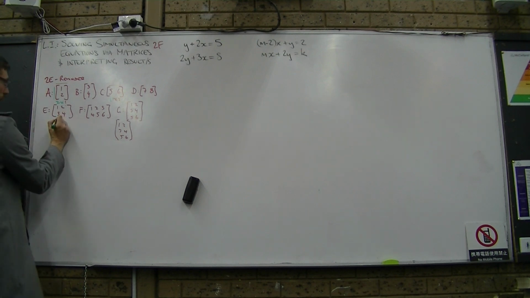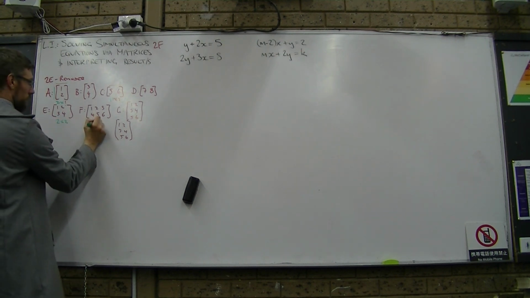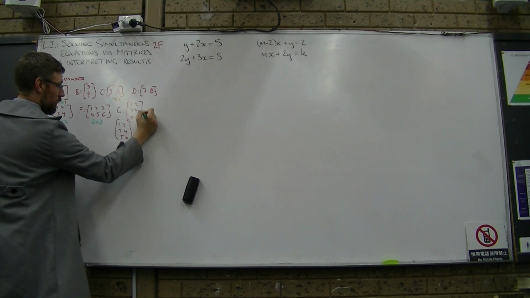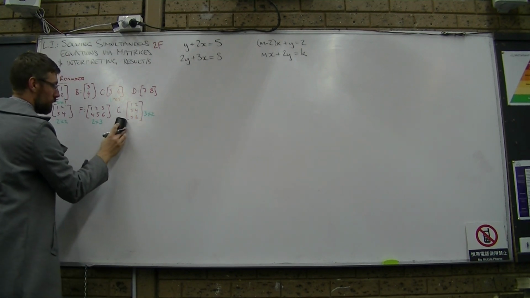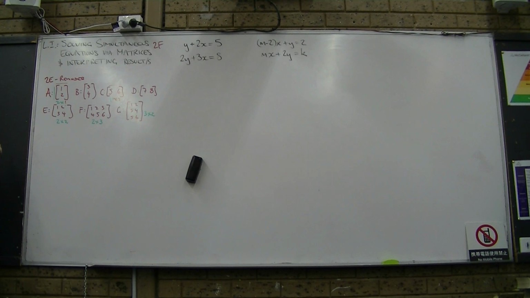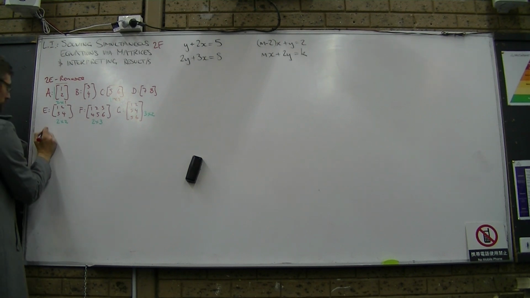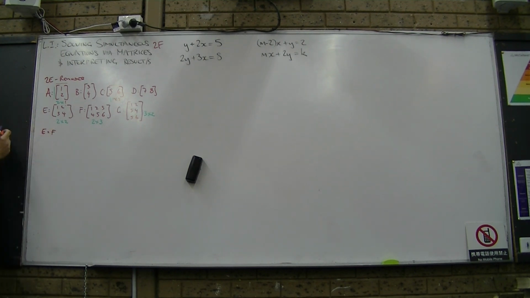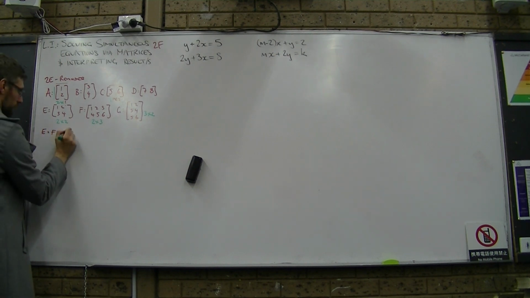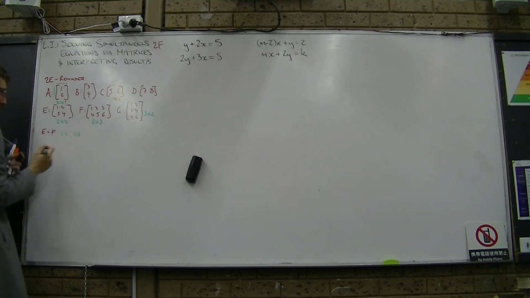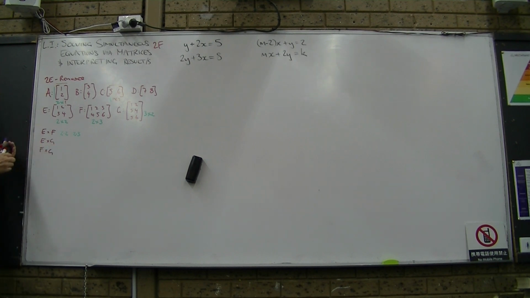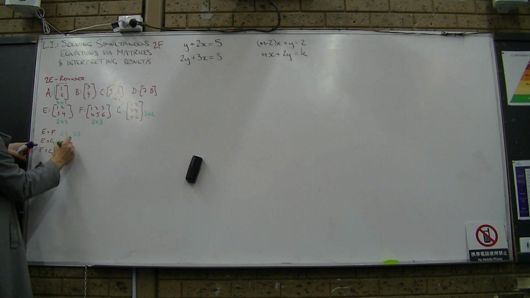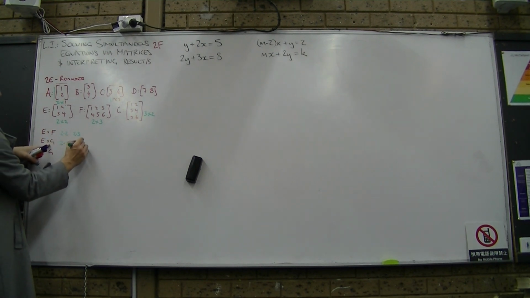This is 2 by 2, 2 by 3, 3 by 2. E by F would give me 2 by 2 by 2 by 3. E is 2 by 2 multiplied by G, 3 by 2.